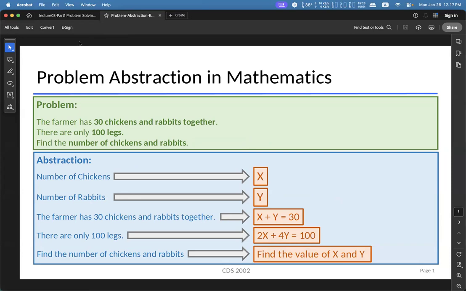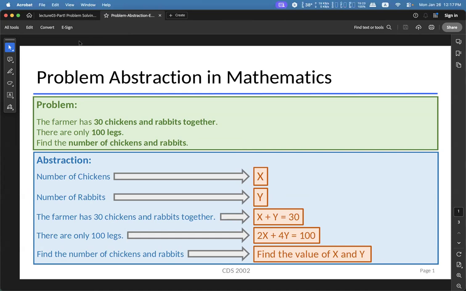This problem should be a question that you have seen when studying in secondary school. It is also commonly found in mathematics Olympiad competitions in primary schools, I guess.